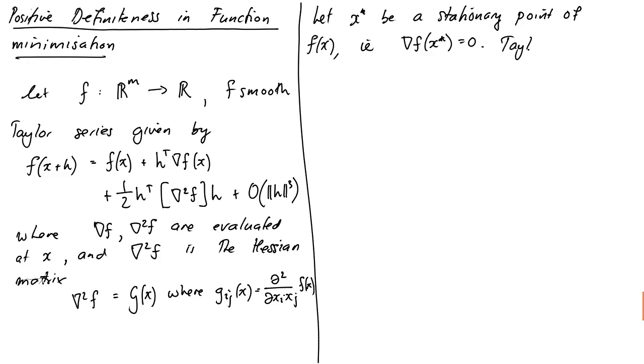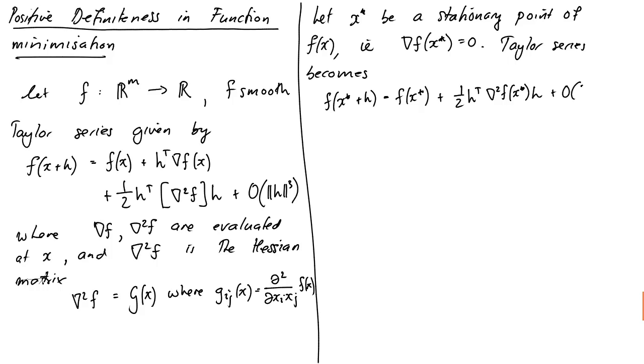Then the Taylor series becomes f of x star plus h equals f of x star plus, well, the gradient term is going to go away because it's equal to 0, plus 1/2 h transpose times the Hessian evaluated at x star, h, once again, plus higher order terms.